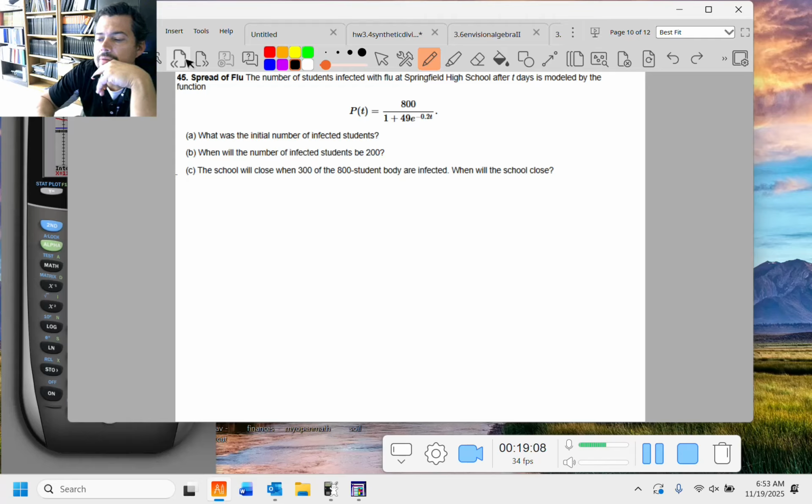Number of students infected with flu at Springfield High School after T days is modeled by the function P as a function of time. So population as a function of time is 800, which would be the carrying capacity, which is the maximum number of kids that can be infected by the flu. So what was the initial amount? Well, let's check that.